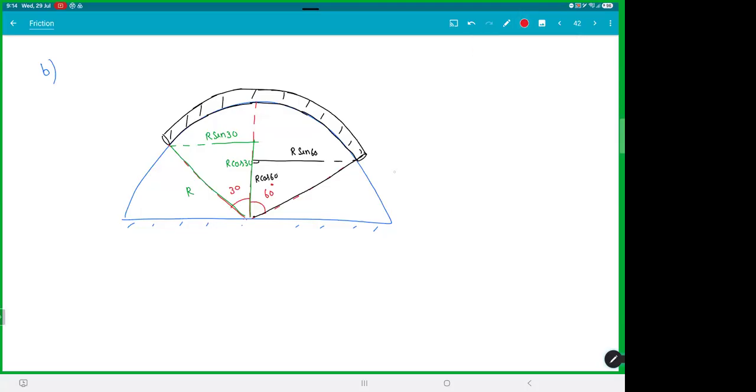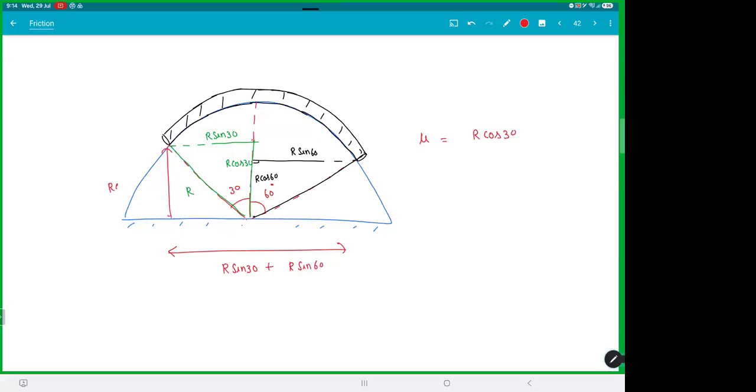So what is the difference in height? Mu is equal to h1 minus h2. The difference in height will be r cos 30, that is this height minus this height, right? And you want the horizontal length. So this length here is r sine 30 plus r sine 60.